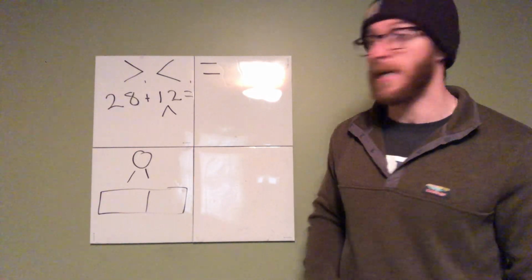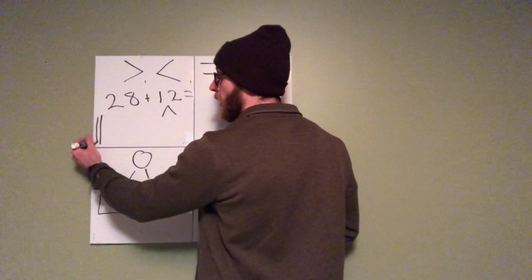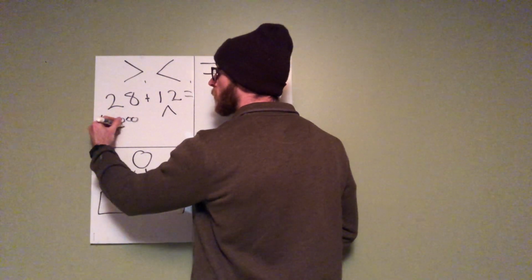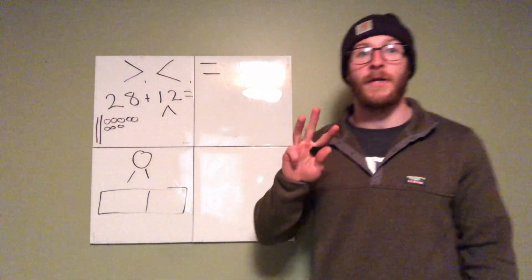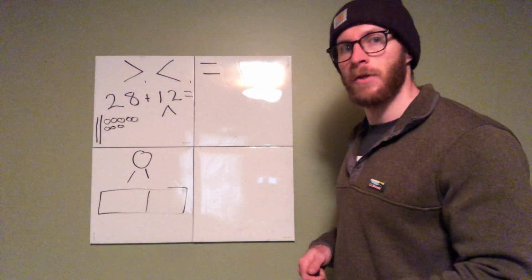Or you could use your quick 10 drawings, which is showing 28 with 2 tens and then 8 ones. Okay? So those are the 3 different methods that you get to pick from, whichever one you like the best and feel most comfortable with.